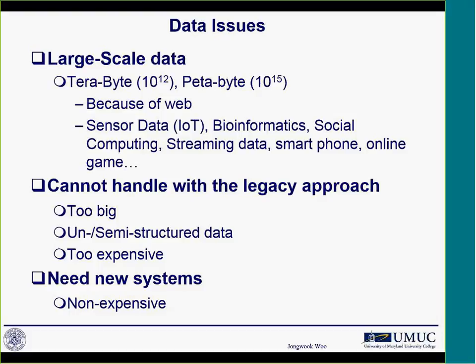Also sensor data, which people normally call the Internet of Things. Sensors generate another large-scale data set. Also bioinformatics such as DNA and human genomics, which has too much data, and social computing, including your cell phone, Twitter, and Facebook, that generate too much data.